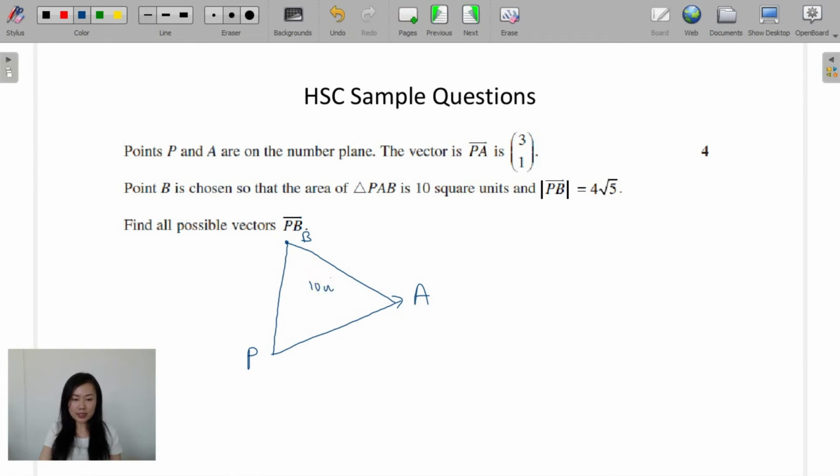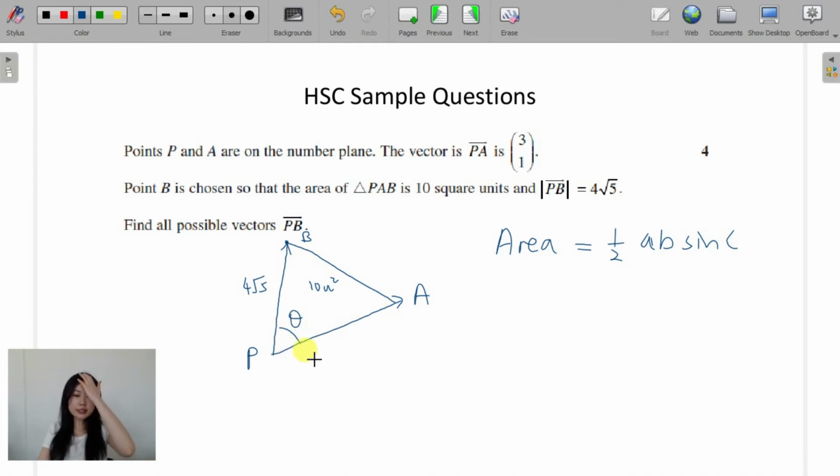First we know that the area is 10 and the length of that is 4/5. Now, just think trigonometry. When you're given an area, there's only so many things you can do to it. I'm immediately thinking, okay, the area formula is half ab sine C. Remember that one? So I should probably work out that angle.